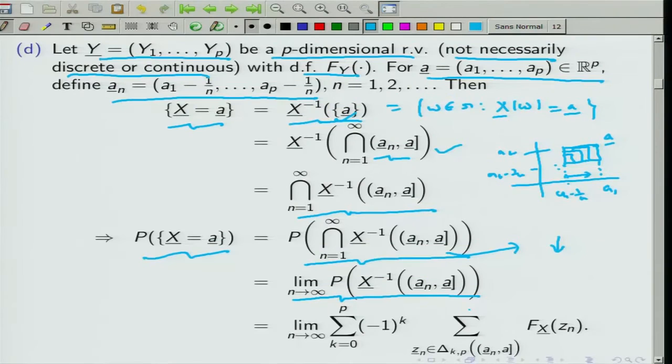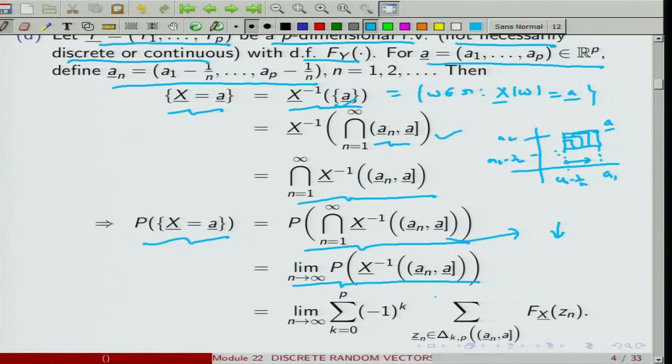Now, we know the formula for this in terms of the distribution function, which we derived in the earlier module. This is the same as the summation over k equal to 0 to p minus 1 of (-1)^k times the sum over z_n belonging to Delta_k^p(a_n, a) of F_X(z_n). These are basically the vertices of the rectangle (a_n, a], where k of them are a_n's. So, this is what you get.